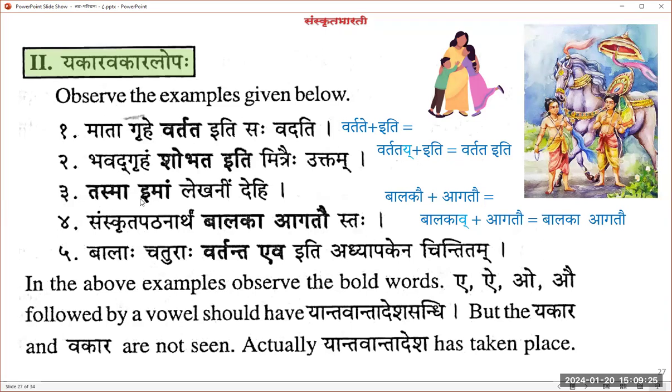So next one. Tasma imam lekhanim dehi. Tasmai imam. Tasmai, to him. Imam lekhanim. Okay. So ayam iyam idam, that one. Okay. So imam lekhanim dehi. To him this pen you give. So this is lot. Tvam dehi. Okay. So here tasmai imam changes to tasmai imam and then yakara lopa, tasma imam.